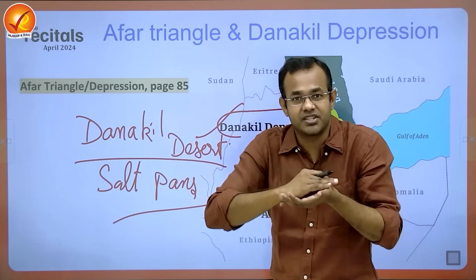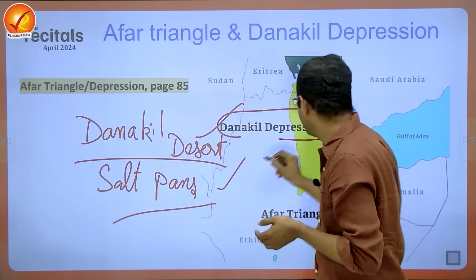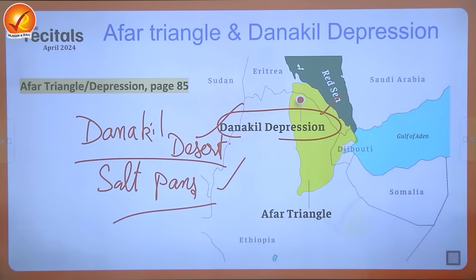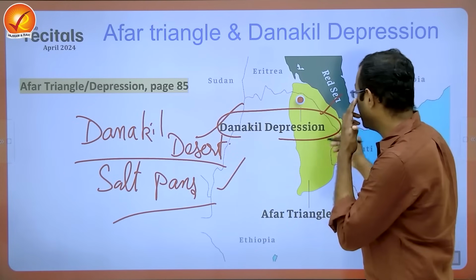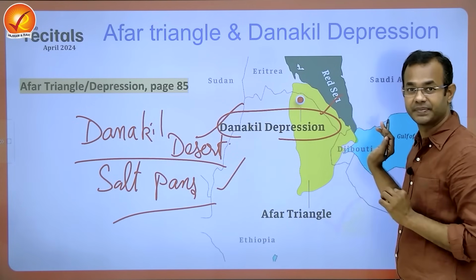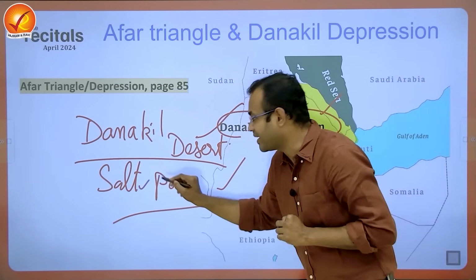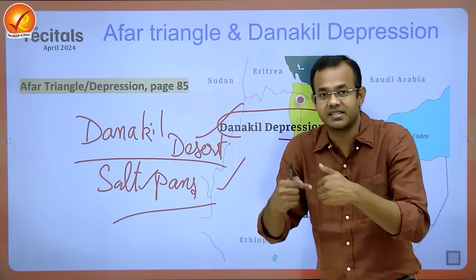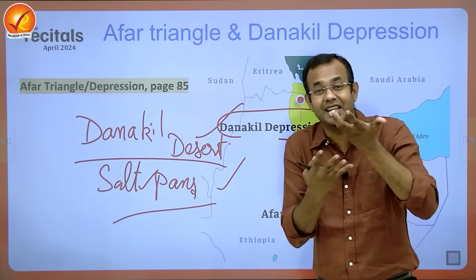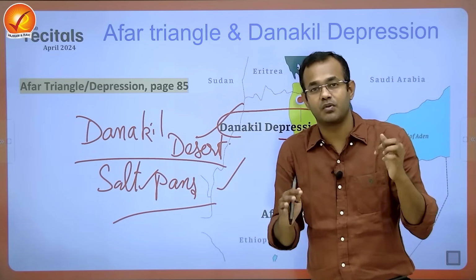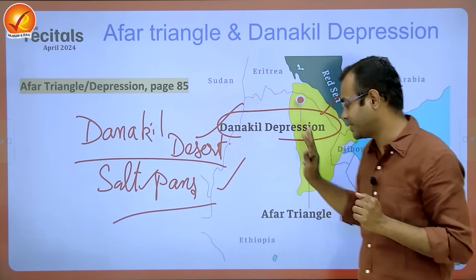So the sea inundation and tectonic activity have resulted in the creation of the Danakil depression and Afar triangle, right? This has resulted in the creation of the entire low-lying region, and salt pans are also formed. Inundation by the sea and a high amount of evaporation leave the salt behind, so excess salt production comes from this region.